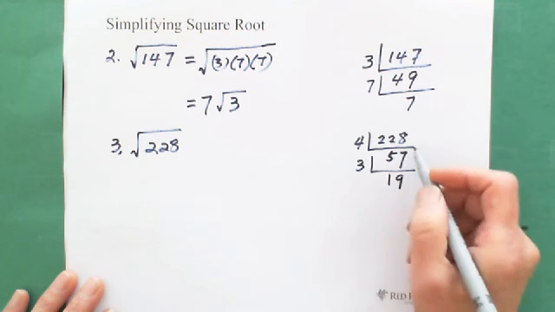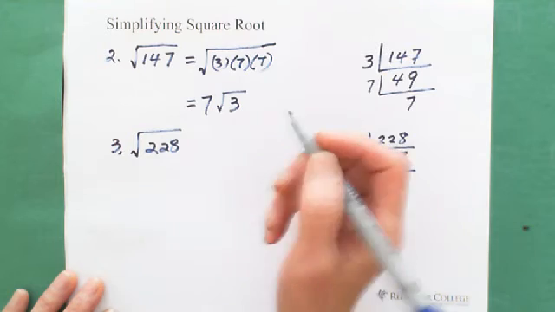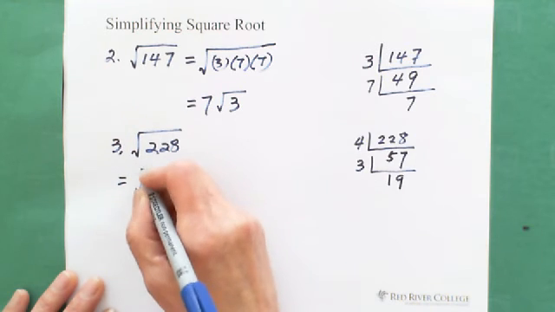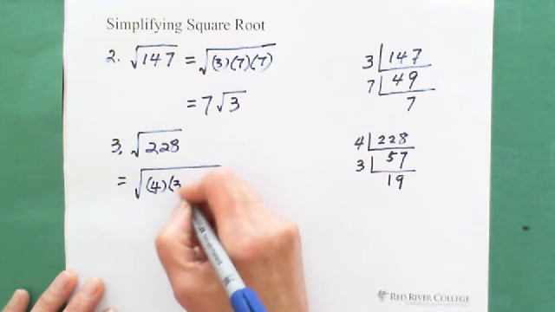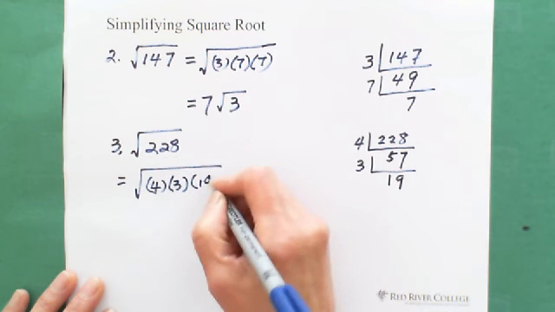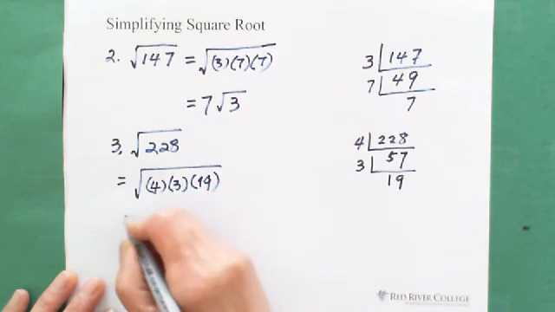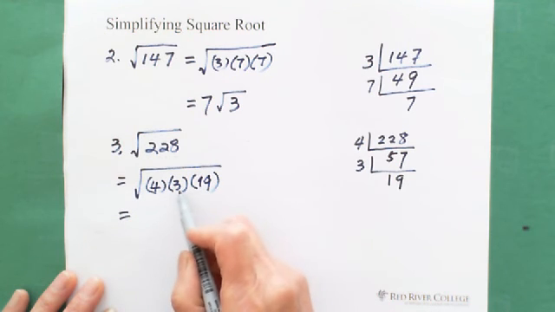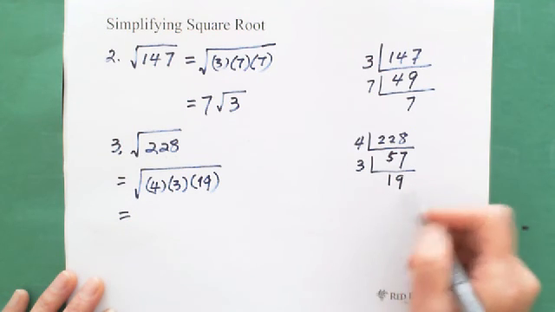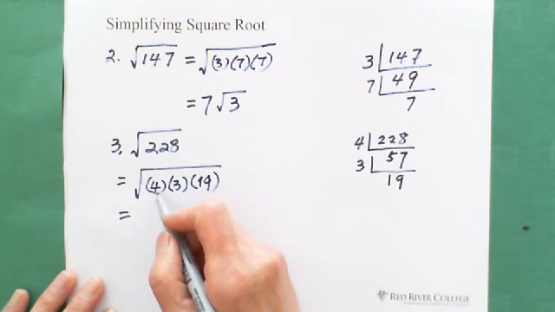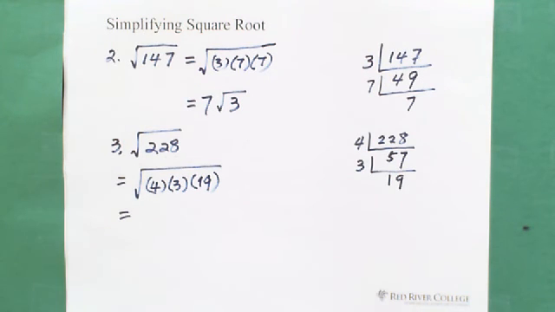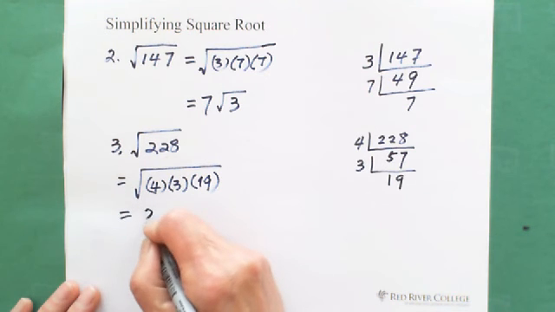So 228 can be factored into 4 times 3 times 19. There is only one 3, and 19 is a prime number with no more factoring. So only the 4 can come out of the square root, which is 2.